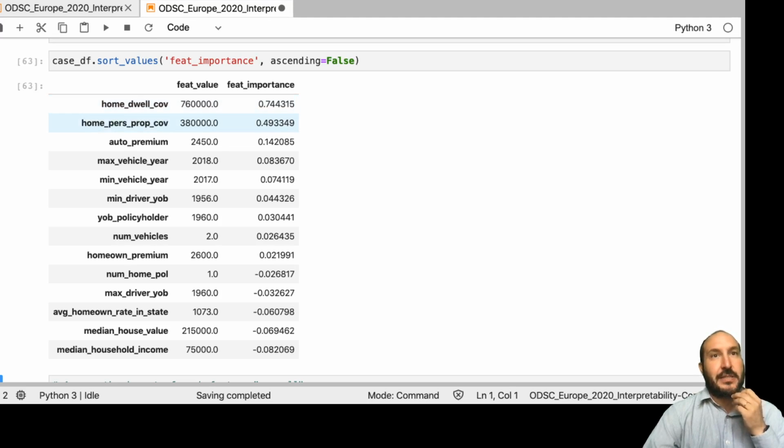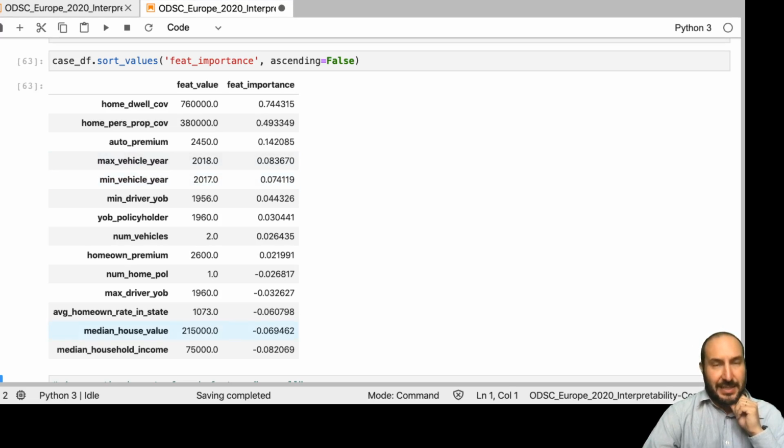Learning these were strong factors in my model for believing that this person would buy an umbrella policy. The auto premium was a slight positive. Learning that their newest car is from 2018 and their oldest car is from 2017, so they have relatively new cars, also made me more likely to think they were buying an umbrella policy.